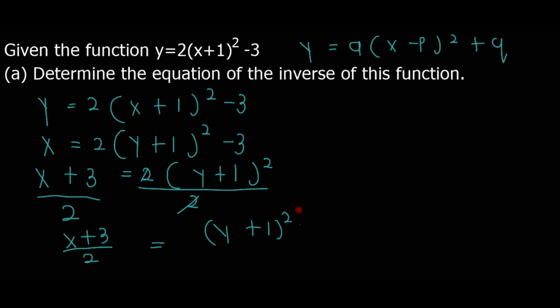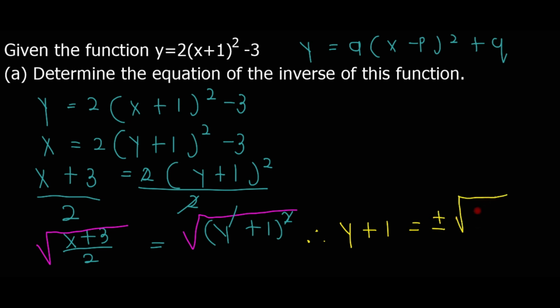And then now because we want y, we will take the root of both sides. So from there this one and this one cancel. Therefore we remain with y plus 1 equal to plus or minus root x plus 3 over 2.